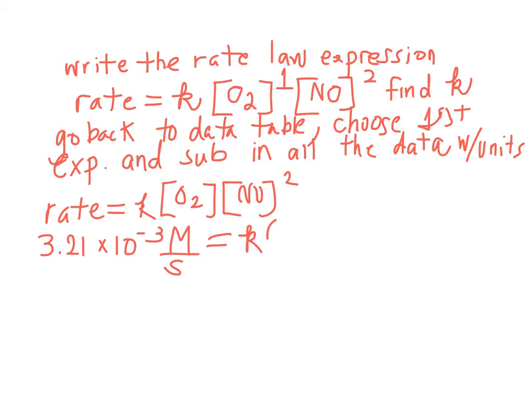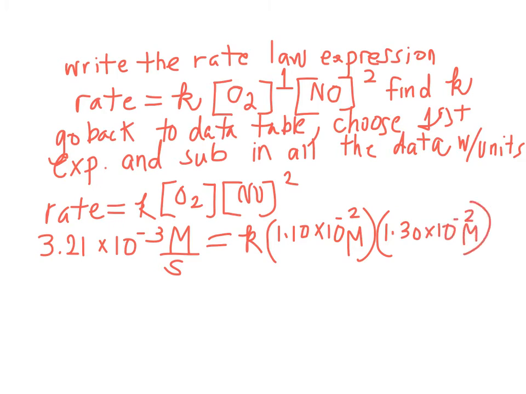The value for O2 in the first experiment was 1.10 times 10 to the minus 2 molar. The concentration for NO was 1.30 times 10 to the minus 2 molar. We have a 2 here, so we're going to put a 2 here. And now we have all of our values substituted into the equation.